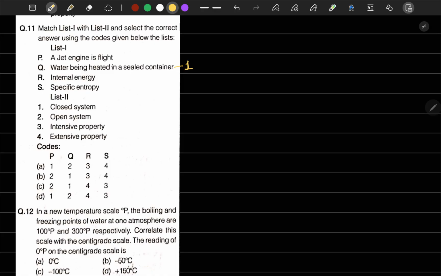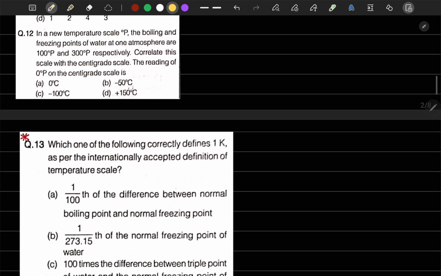The jet engine in a flight has continuous flow of mass in and out of the system, so this is the open system. Internal energy is an extensive property because it depends upon the mass, and specific entropy is an intensive property. Okay, 2143, option C is correct.